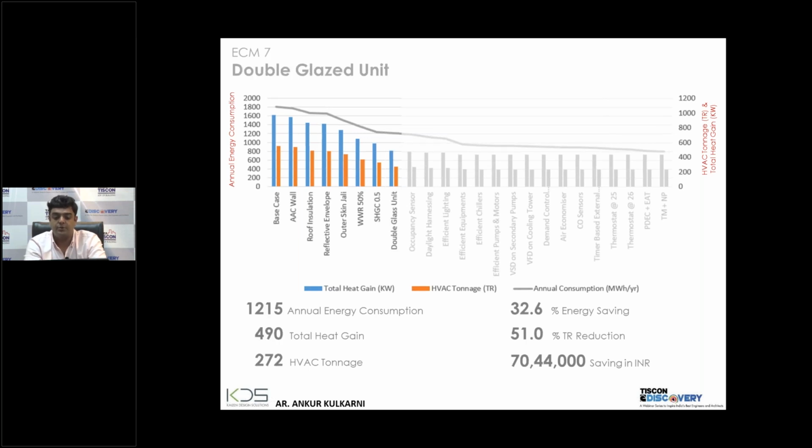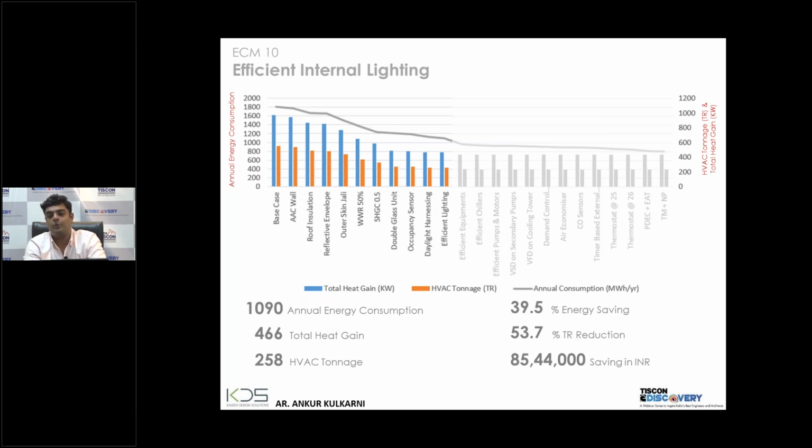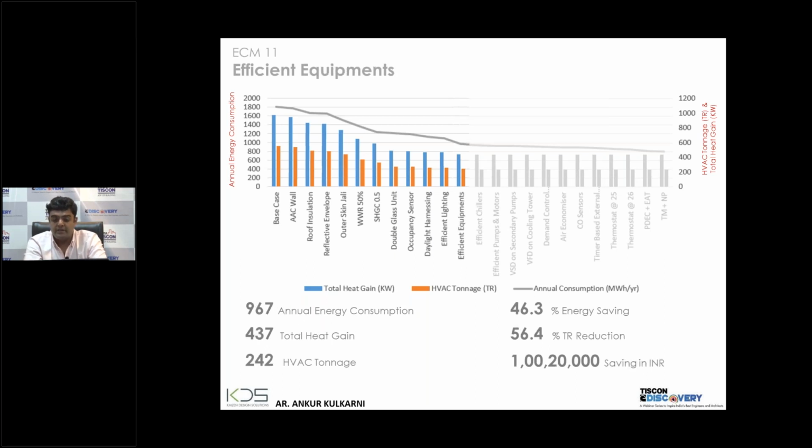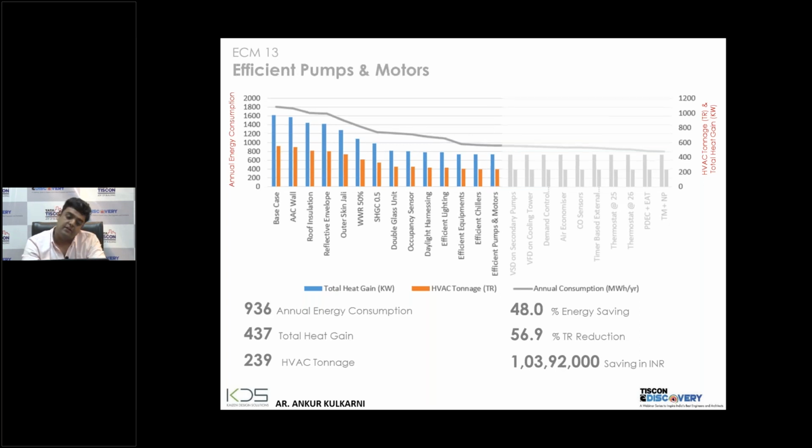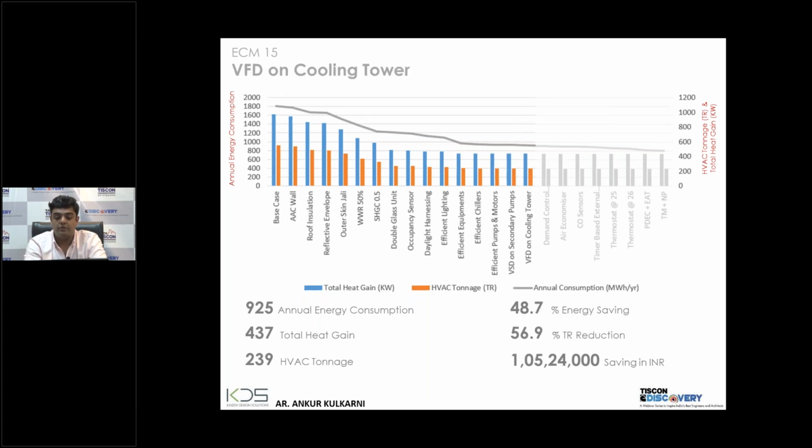Then of course, DGU helped us to save further. Occupancy sensors, then your daylighting sensors, efficient lighting. We just saw that LPD has been limited to just 0.8 watt per square feet or 8 watt per square meter. Efficient equipment, then efficient chillers, and then of course efficient pumps and motors, VFD on secondary pumps, VFD on cooling towers.